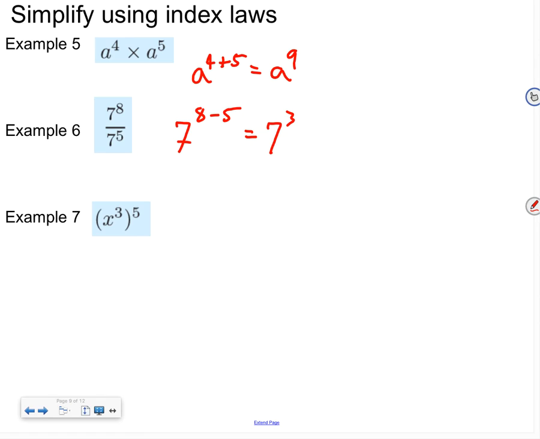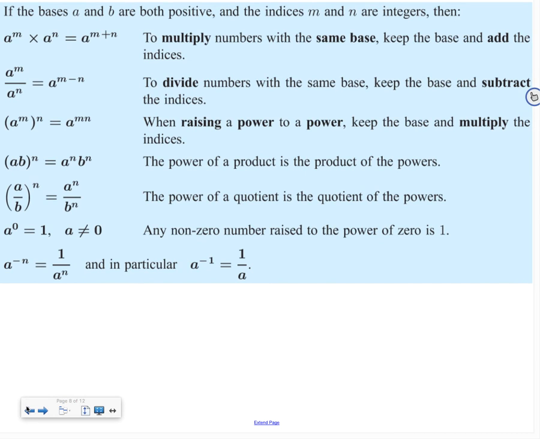On example 7, because I'm writing x cubed to the fifth power, that's going to be multiplying 3 times 5, so it's going to be x to the 3 times 5, and that's going to be x to the 15th. Okay, so those are just utilizing these rules here, right? So we utilize this one, we utilize this one, and we utilize that generalization.